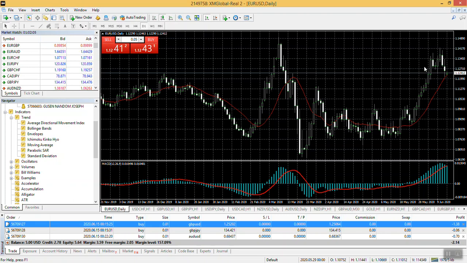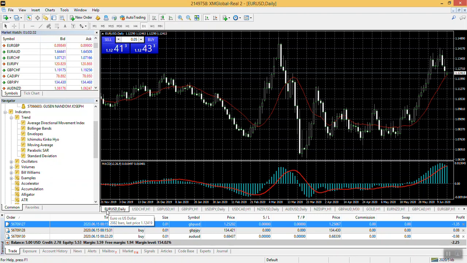Now look at Euro USD. We can see that Euro USD has ended a bullish trend and started a bearish trend. How do we know if this trend is real or fake? Good. Now you see that the currency here is what we call Euro USD, right?